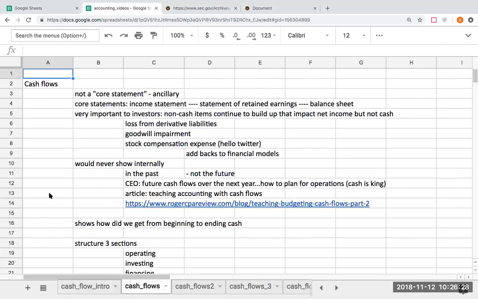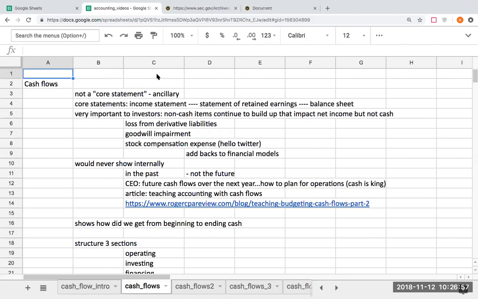So right over here, in terms of cash flows, and let's take a step back. When we're going through and preparing financial statements, the statement of cash flows is a very important financial statement, and I don't want to diminish it. However, it's not what we call a core financial statement, meaning that I can't live without it from a financial statement perspective.